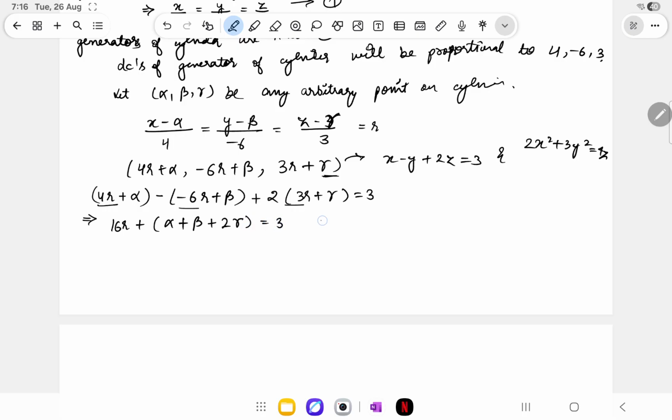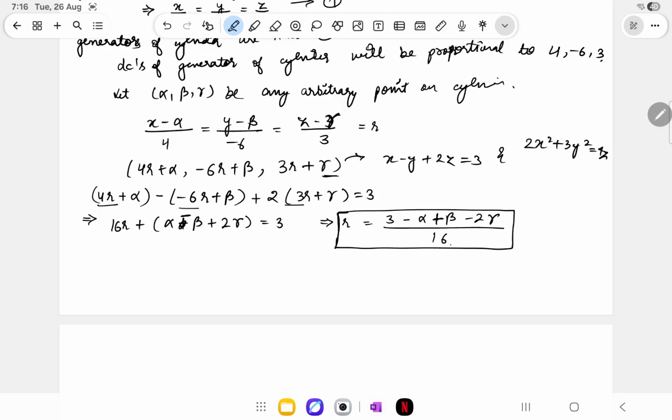So from here I can find the value of r: r equals 3 minus alpha minus beta minus 2 gamma divided by 16.